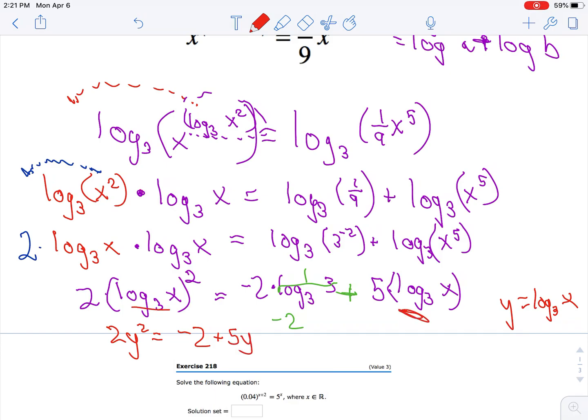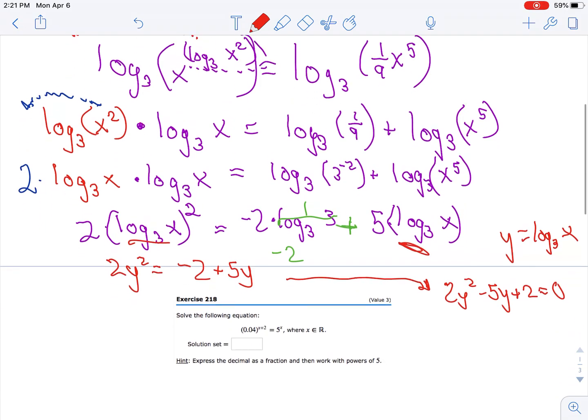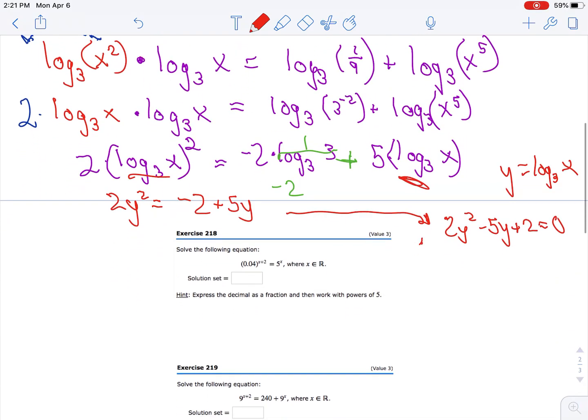See what I've done here? This is now y, this is now y. And now I'm going to write it over here. I'm drifting down into exercise 218, I guess. I can write 2y squared minus 5y plus 2 equals 0. See where I'm going with this now? I can factor this. That's right.